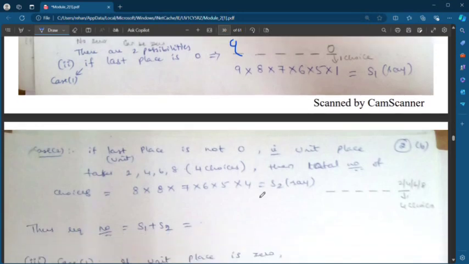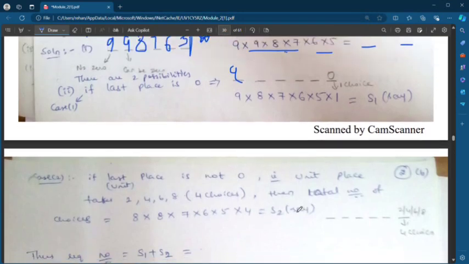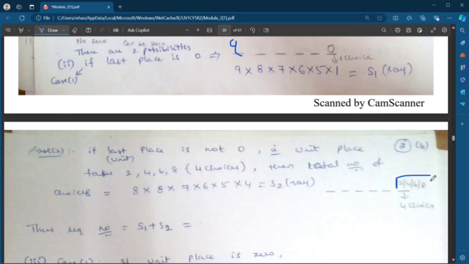Then if I am using the last place as 2, 4, 6, or 8, see here, they have written that it can be either 2 or 4 or 6 or 8, so the last place has 4 choices. Here 0 cannot come, so it will be 1 to 9.